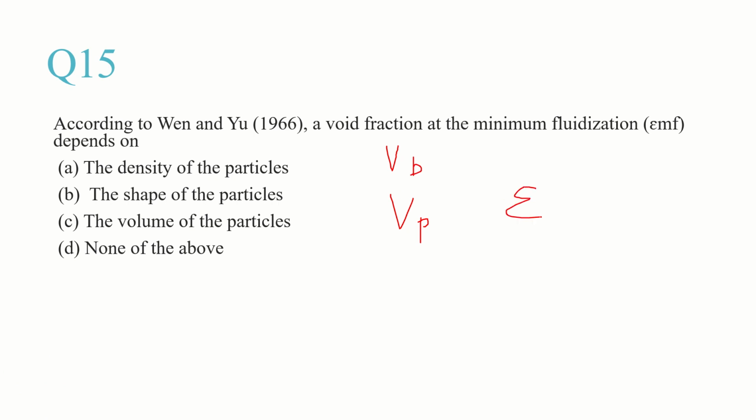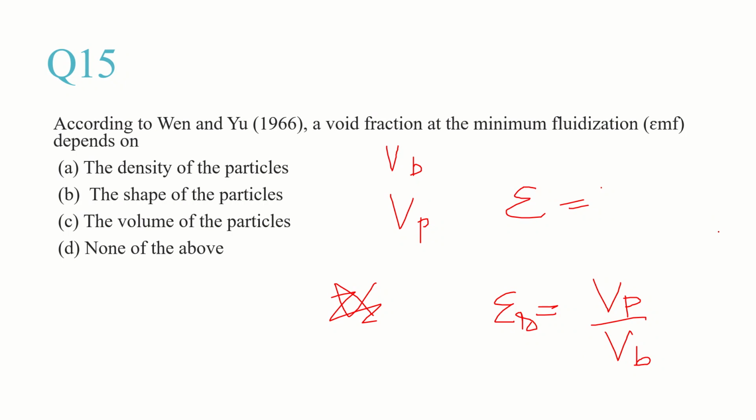So the void fraction is given by the packing fraction, epsilon s, that is the solid fraction or particle fraction inside the bed, given by the volume of particles divided by the total volume of the bed.